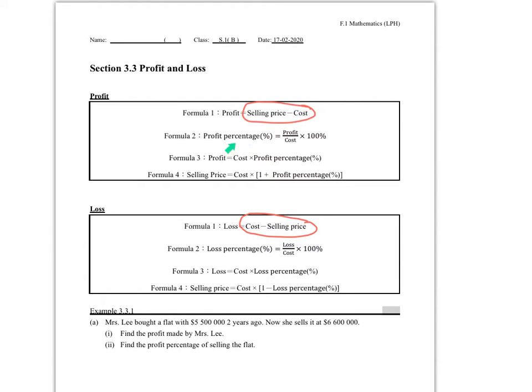For formula 2, remember the denominator is the cost. For finding profit percentage, the numerator is the profit. For the loss percentage, the numerator is the loss.